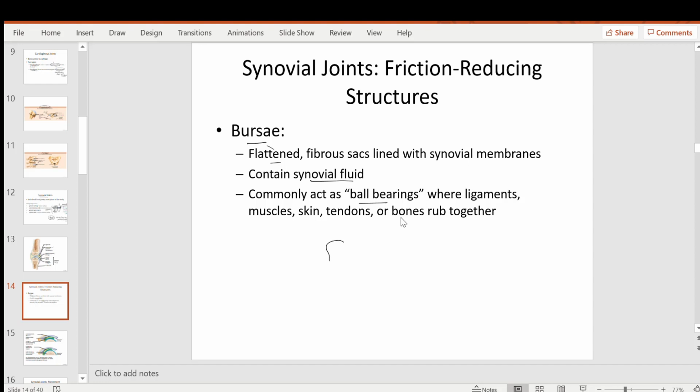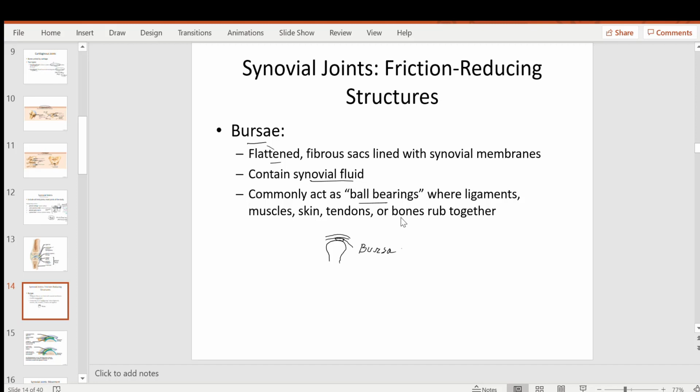For example, this is a bone and this is a ligament. In between these two you will see a flattened membranous sac, that is a bursa.